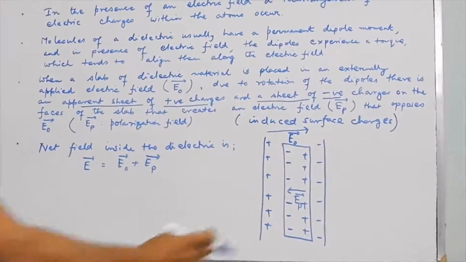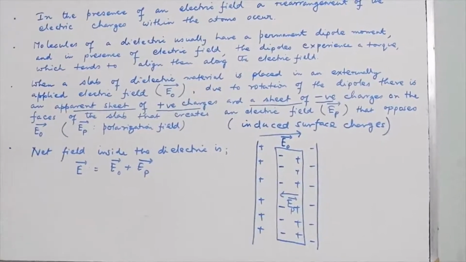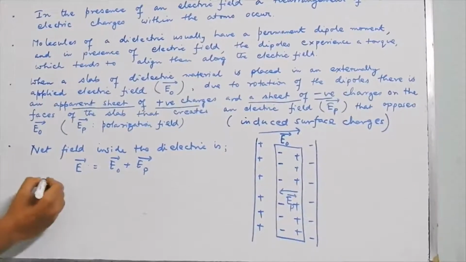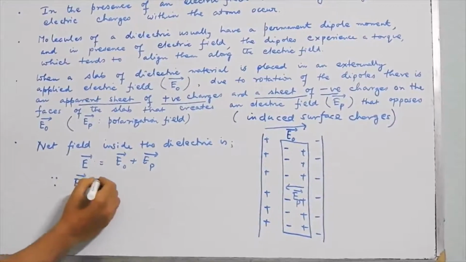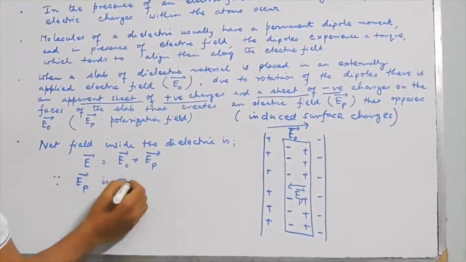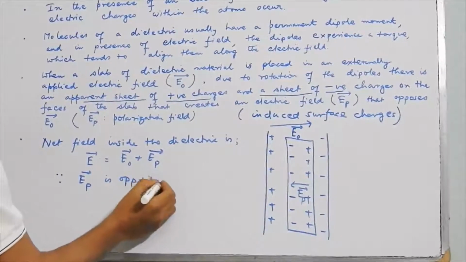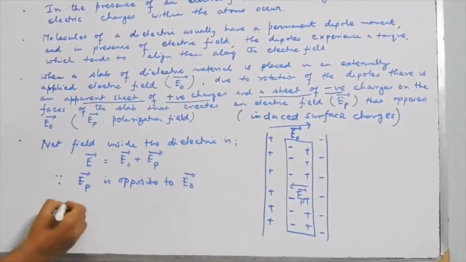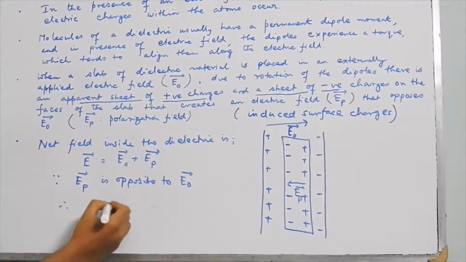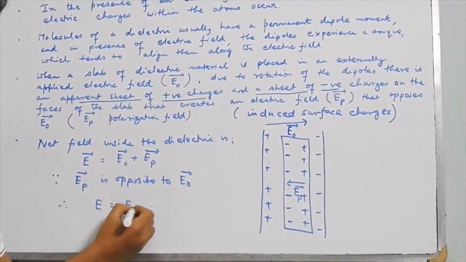But we see that the polarization field EP vector is opposite to E0 vector. We can say that the magnitude of E is E0 minus EP.